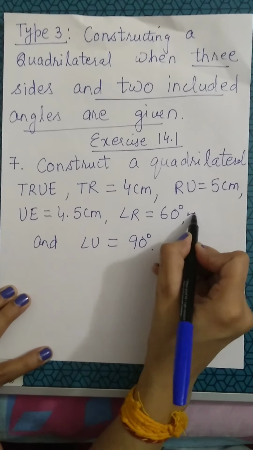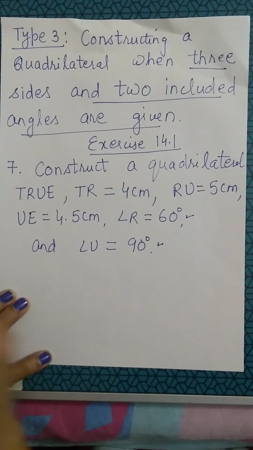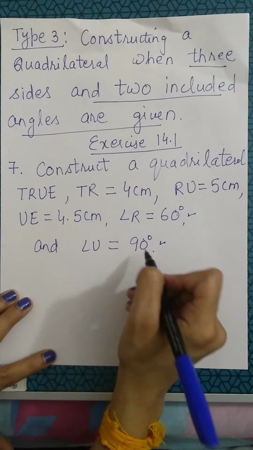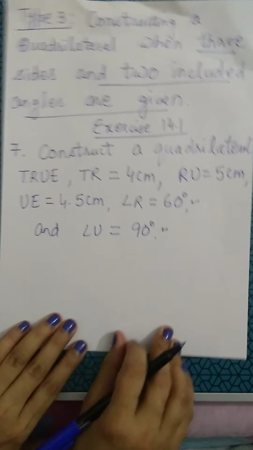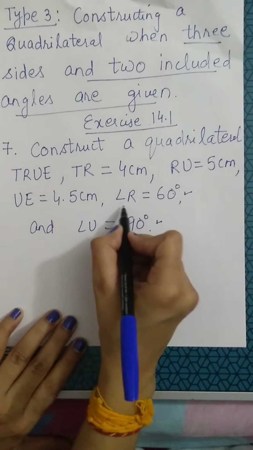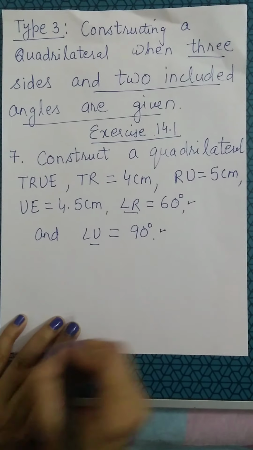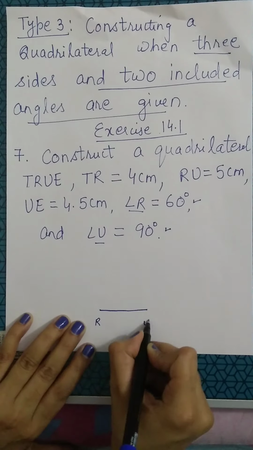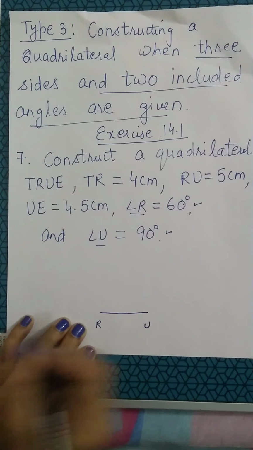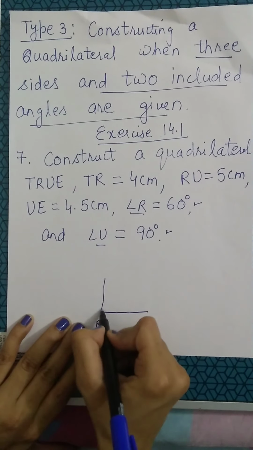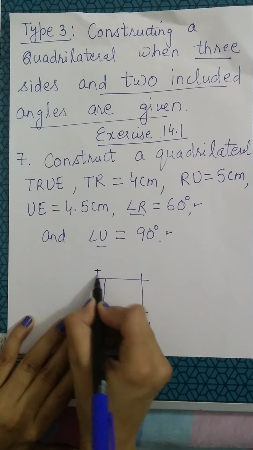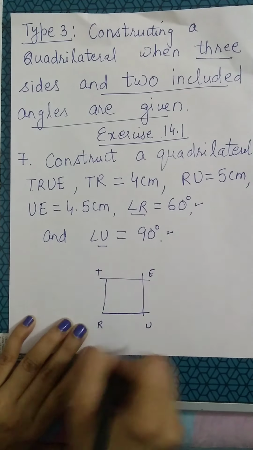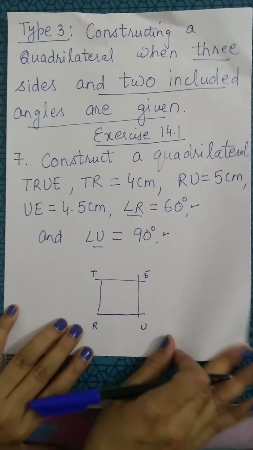So we have to be careful here because we are doing construction. So we will be constructing 60 degree and 90 degree. So approximately angle, if we make out angle R and U, this is given to us. So roughly I will draw RU as base. Okay, so TRU will be something like this. Approximately this type of the figure will be there. So let's do the construction here.